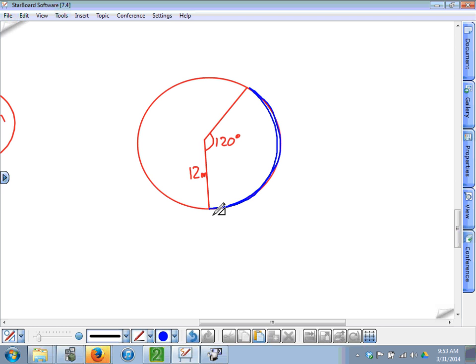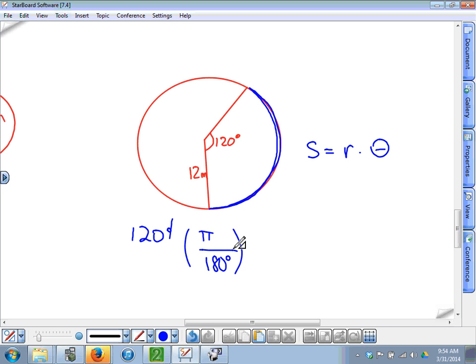So yes, the length of that arc. So it's going to be 120 degrees. We're going to use the formula S, or arc length, equals radius times theta, and it sounds like a lot of you are getting it. 120 degrees needs to be converted into radians. Multiply by pi over 180. Degrees are gone. That's going to be 120 over 180.